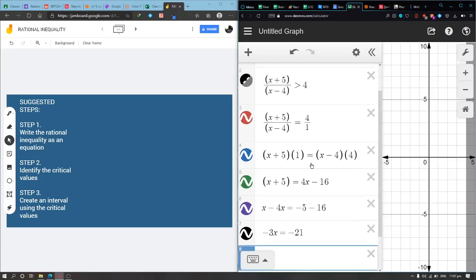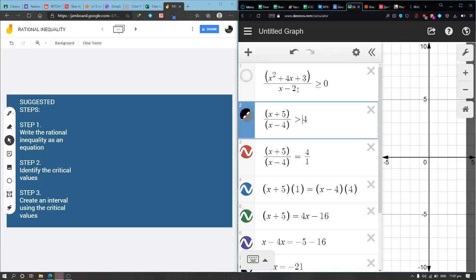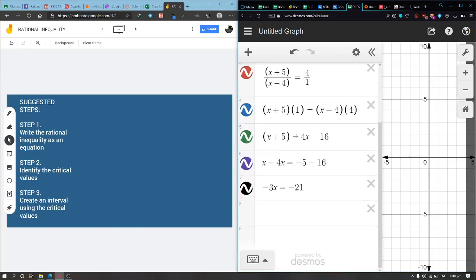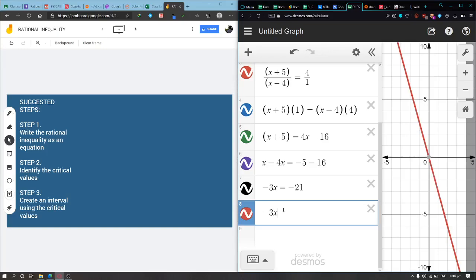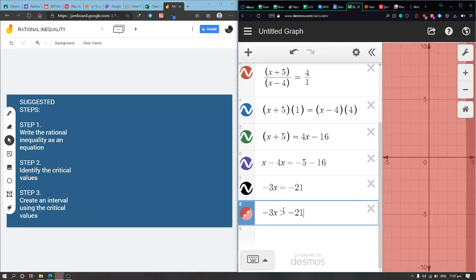However, let's go back to use our original inequality sign. So minus 3x less than negative 21.